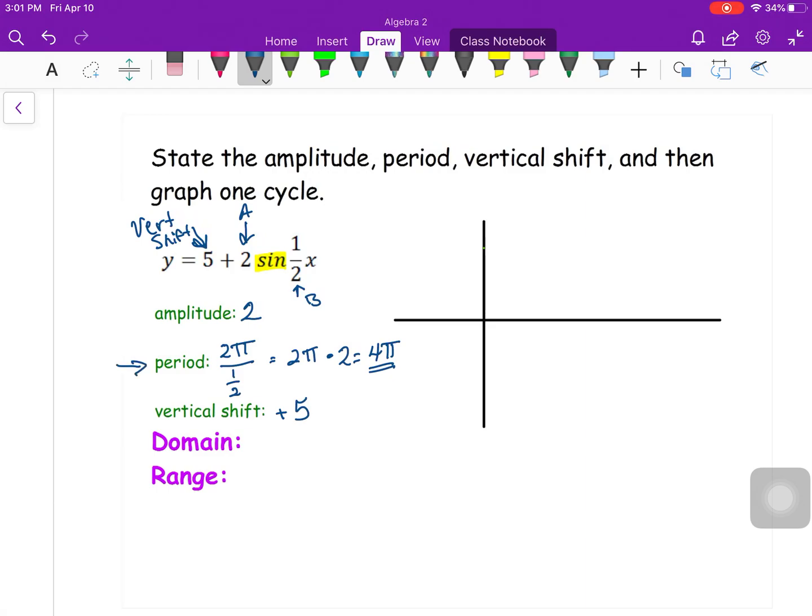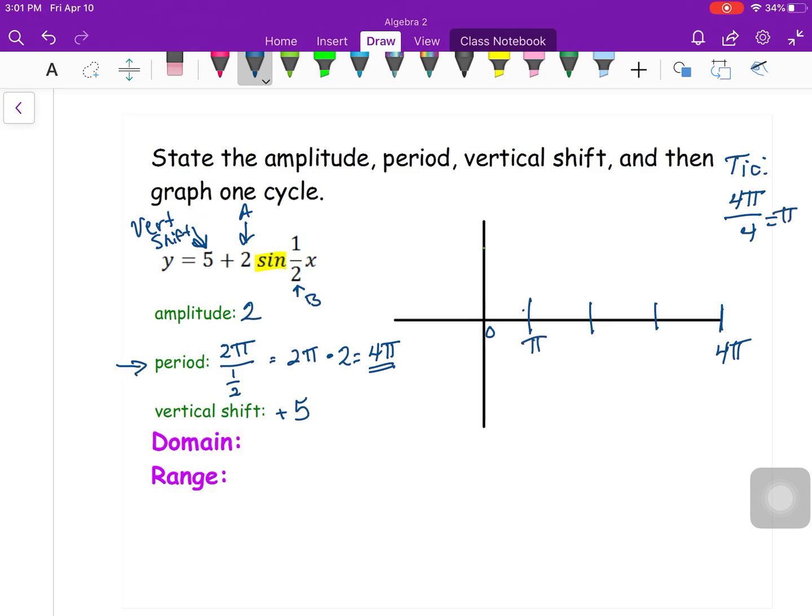So just like before, I'm going to start with plotting my period, 4 pi. So this is 0. I have to find each tick mark, so I take 4 pi and divide it into fourths: 1, 2, 3, 4.